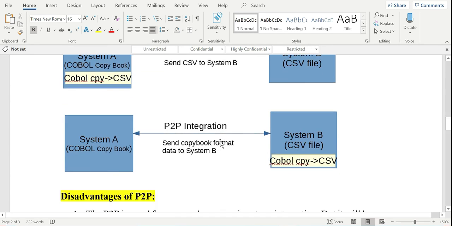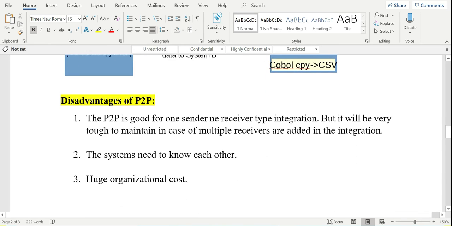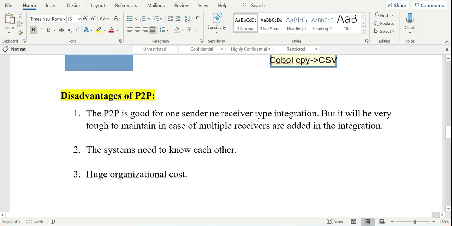So these are the two cases of point-to-point integrations. And in these point-to-point integrations, there are multiple drawbacks.